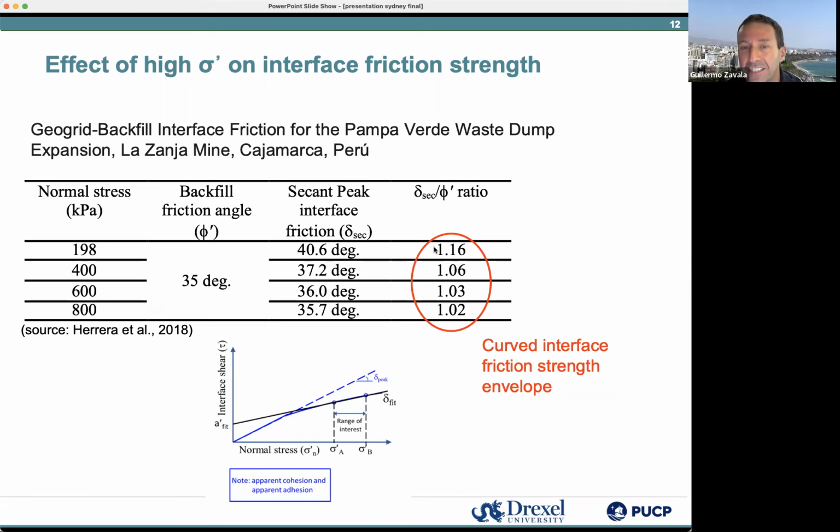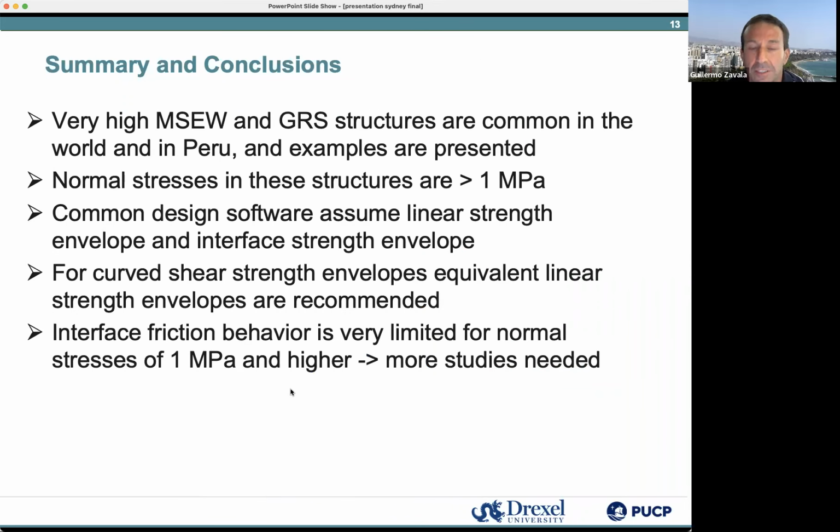Now we can see that this is reducing, which is indicative of this curved envelope. So if we use this in a program, we should actually use that subsection where you can get this fit of phi and c in the program. So it's very important to take this curvature into account.